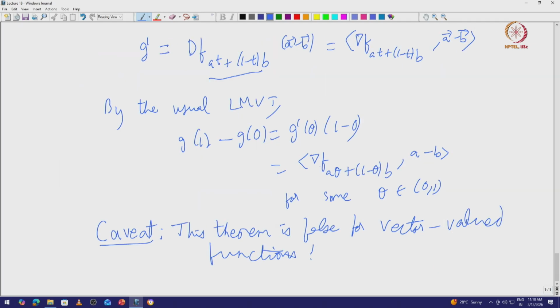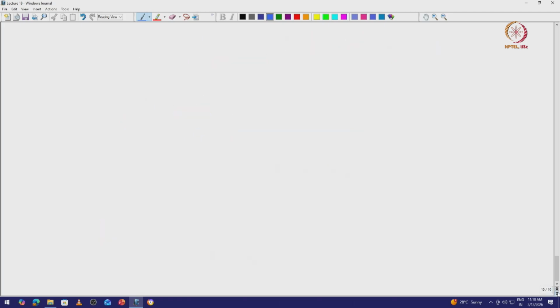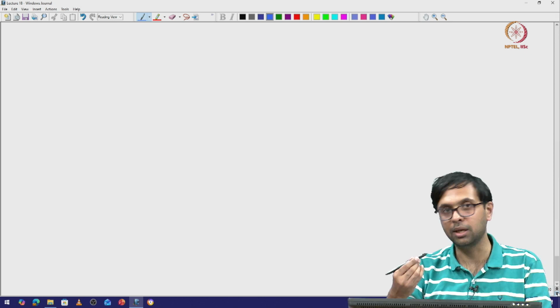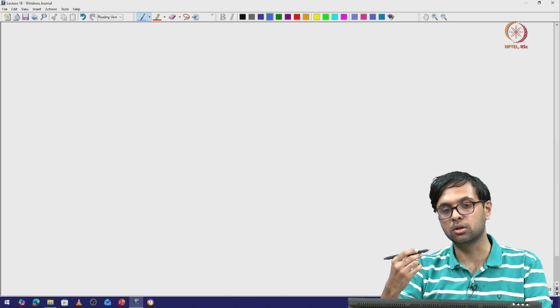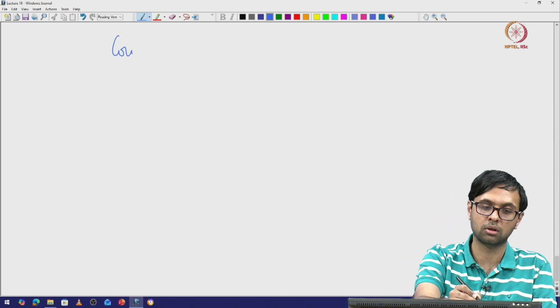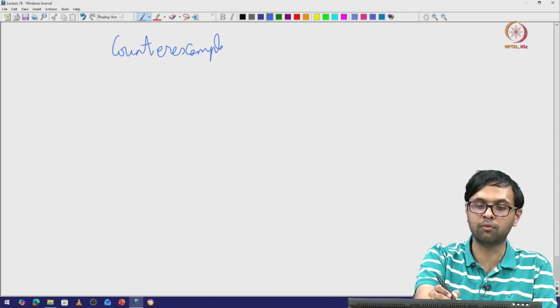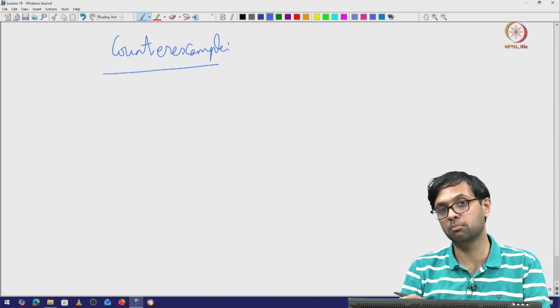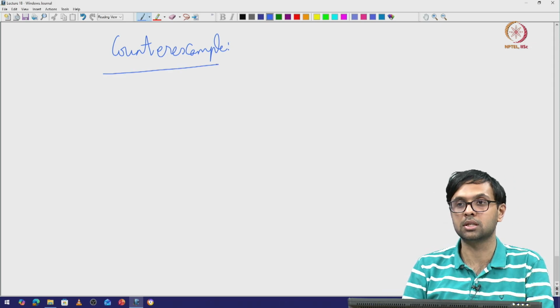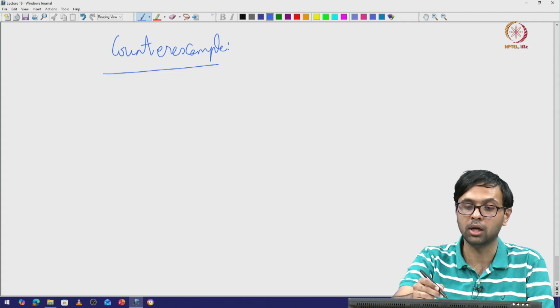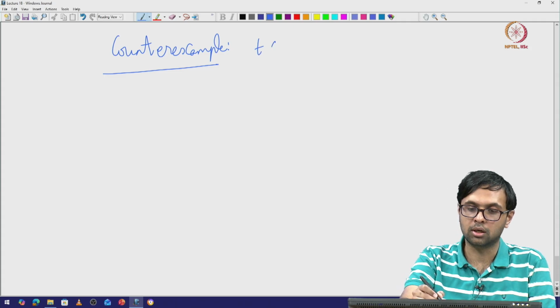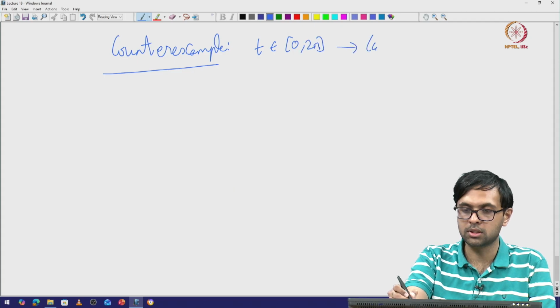Okay? That's the reason why you cannot expect it to be true, but not expecting something versus it being false, they're two different things. So you need to come up with a counter example. If you do not manage to come up with a counter example, then you must suspect that it could very well be true, right? So for example, let's take t in all of R to (cos t, sin t).